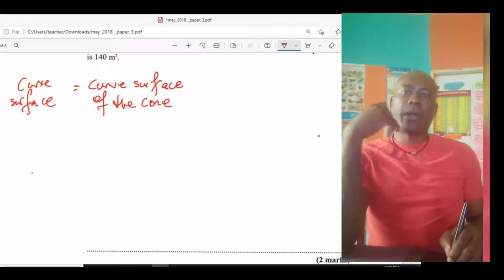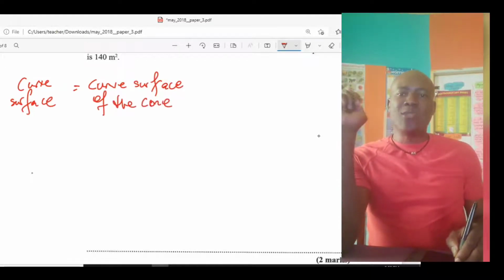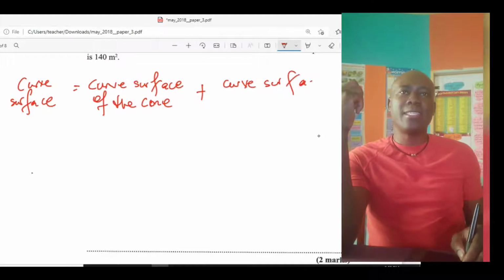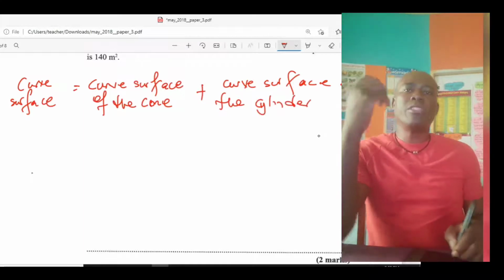Yes, we're talking about the curved surface of the cone, as well as the curved surface of the cylinder. So we're talking about putting together those.